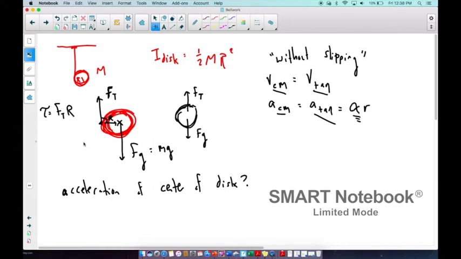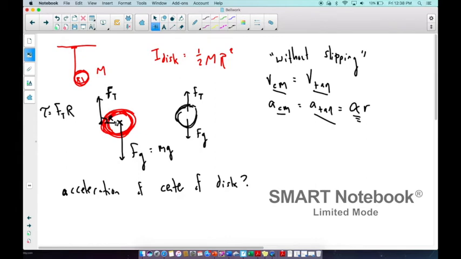And I know that's the only torque acting, because the force of gravity is not a torque because it's acting at the center of the object, at the axis of rotation. In other words, if I were to consider force of gravity to be a torque, its R value, a vector drawn from the point of application to the axis of rotation, would have a value of 0. So the torque due to gravity is 0.